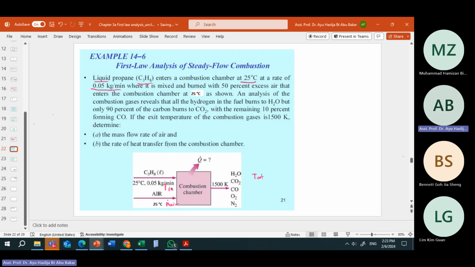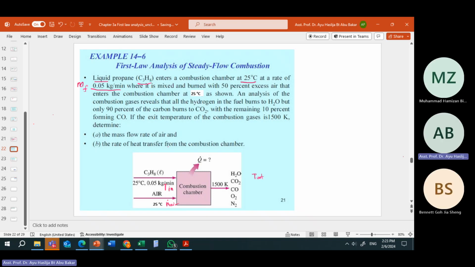Okay, this one, liquid propane, mass of the fuel, mass flow rate, m dot F. Then it mixes and burns with 50% excess air, which enters the combustion chamber at 25 degrees C. Okay, the air is also at 25 degrees C. An analysis of the combustion gas reveals that all hydrogen in the fuel burns to H2O.